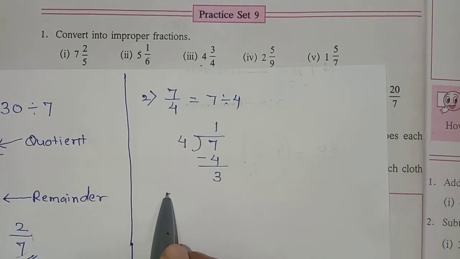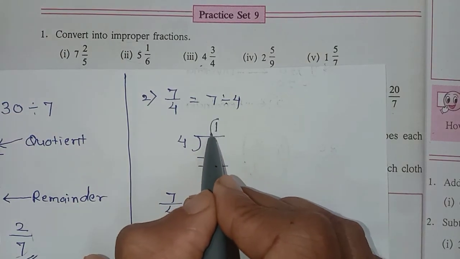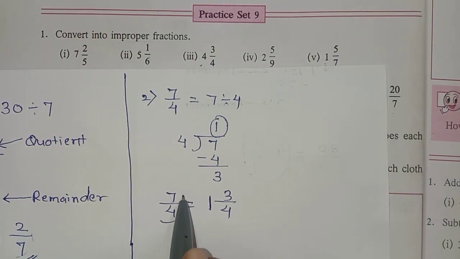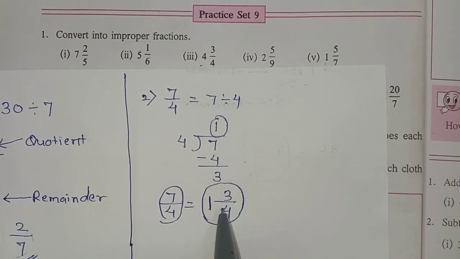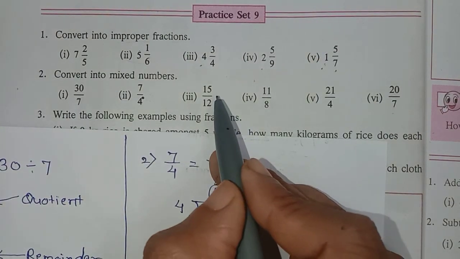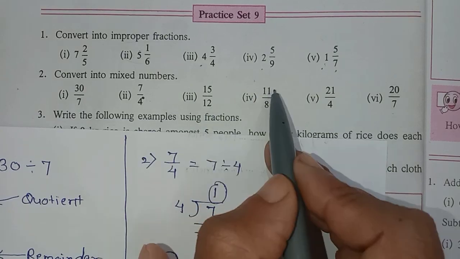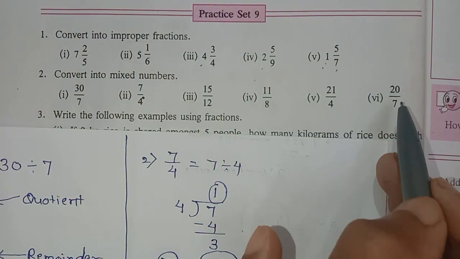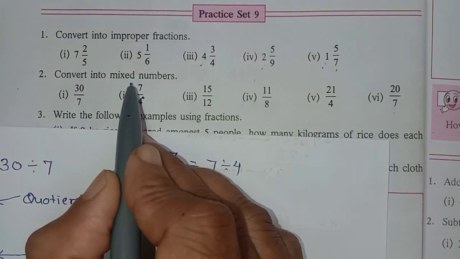We can write this improper fraction as 1 integer 3 upon 4. So we have converted 7 upon 4 into the mixed number 1 integer 3 upon 4. In the same way, we can convert 15 upon 12, 11 upon 8, 21 upon 4 and 20 upon 7 into mixed numbers.